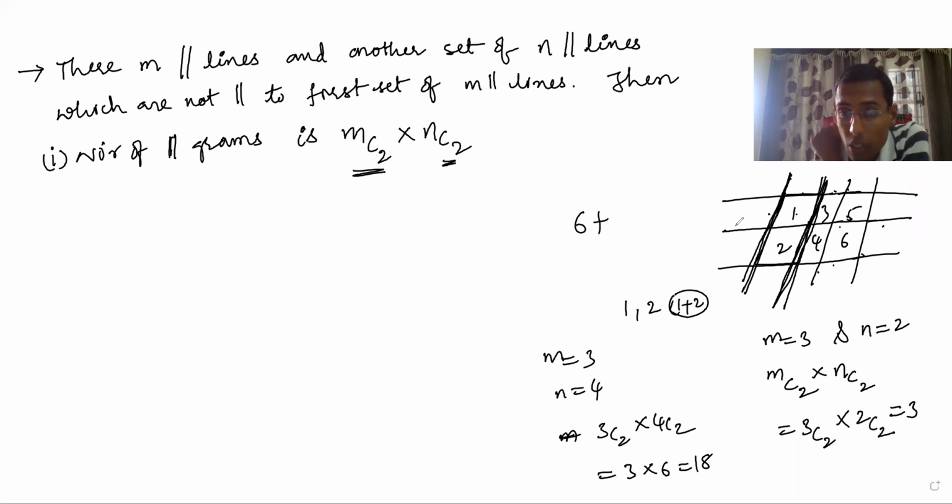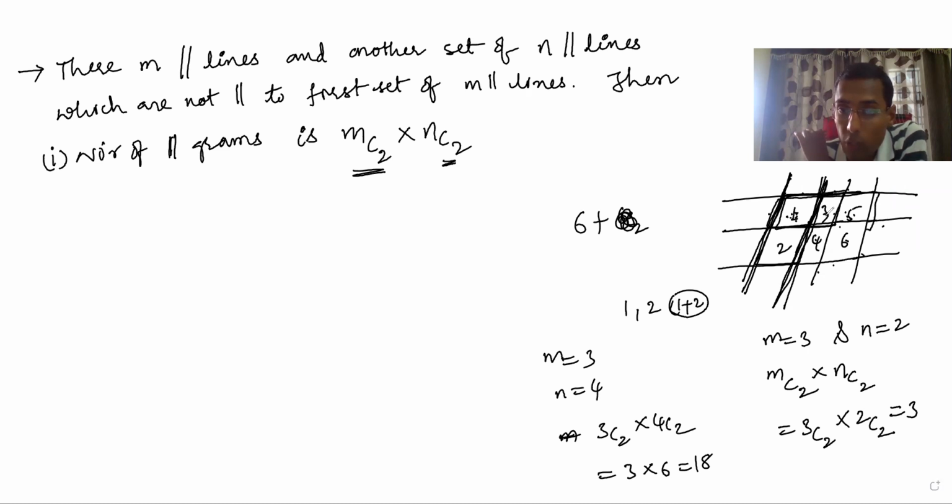Out of 6, if you select any 2 boxes, so 1 and 3, 1 and 5, 1 and 4, 1 and 6. Yes, consecutive, not this. So any 2 you select consecutively, you are going to get two boxes together, that means 2 parallelograms together.